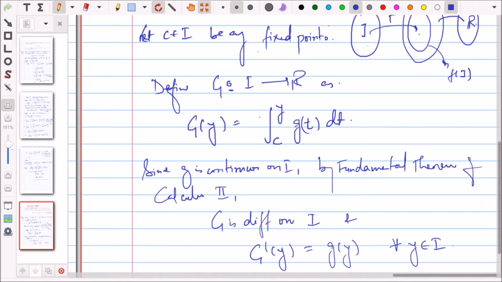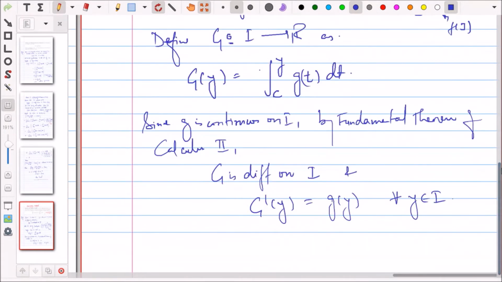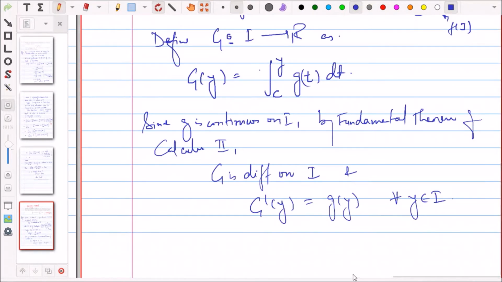So g is continuous at every point in I, so capital G will be differentiable at every point in I. Moreover, G dash y will be equal to g(y), right? Is it fine?